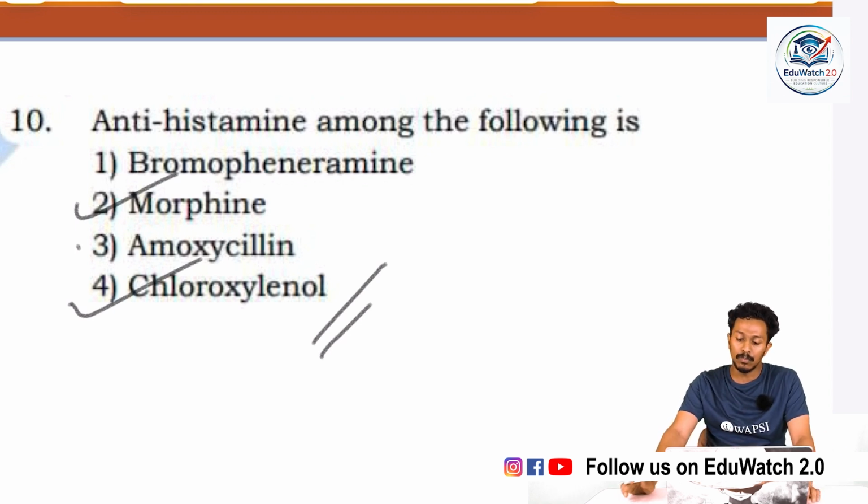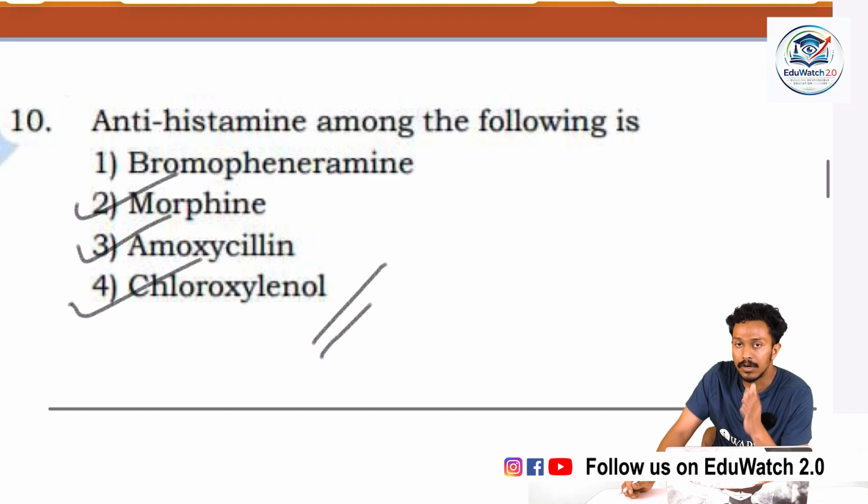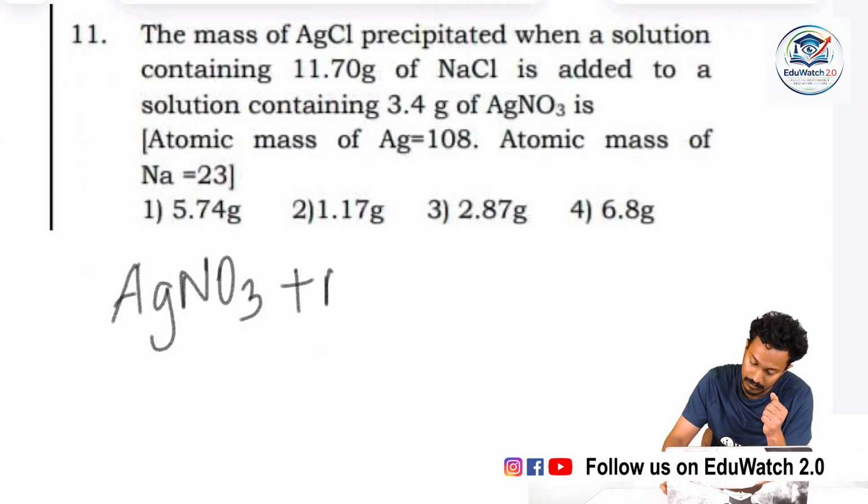Amoxicillin is an antibiotic, so we could also rule it out. So the correct option is bromopheniramine, which is an antihistamine drug for the common cold and allergic reactions.